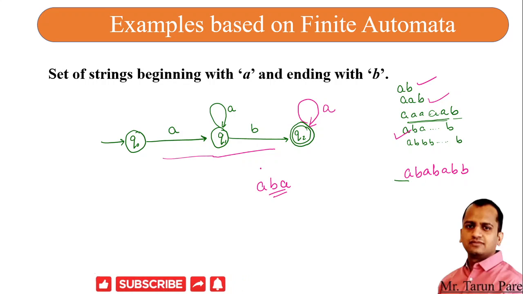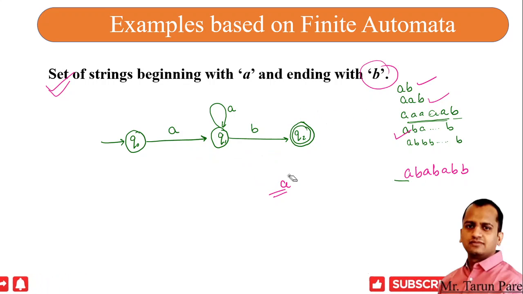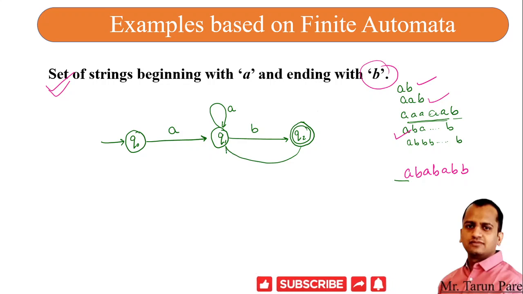But our problem statement is that it should end with b, so we can't put a on the final state. So to avoid this, we pass a from q2 to q1.